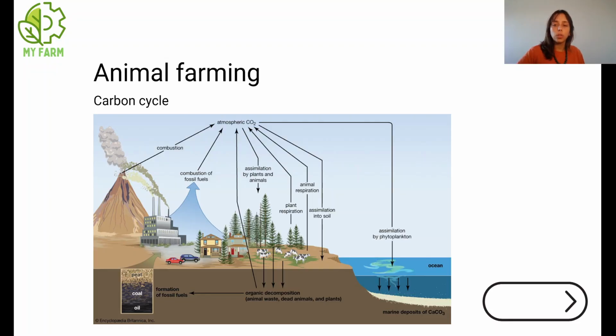The cycle also includes slower geological processes like the formation of fossil fuels and volcanic activities, as well as exchanges between the atmosphere and oceans. Human activities, primarily the burning of fossil fuels, have significantly accelerated the release of carbon dioxide into the atmosphere, impacting the natural balance of the carbon cycle.